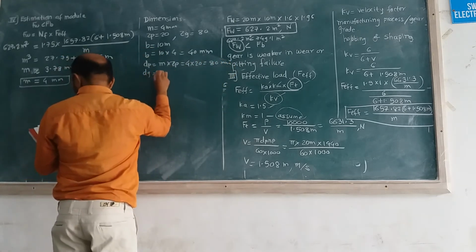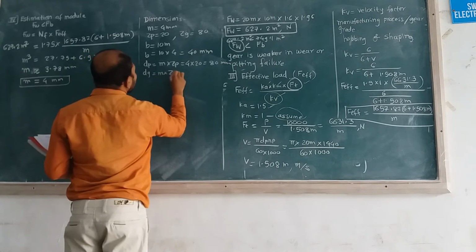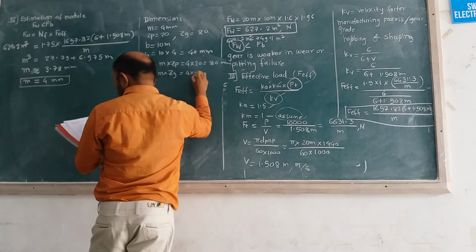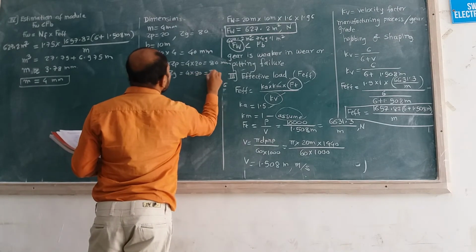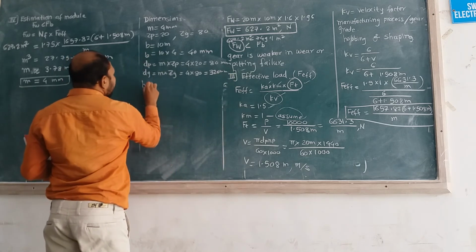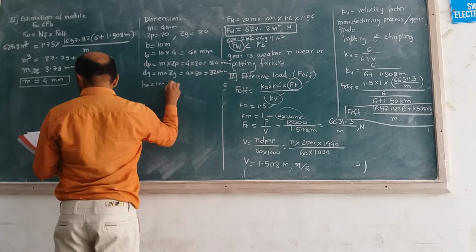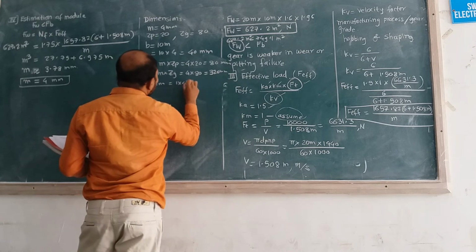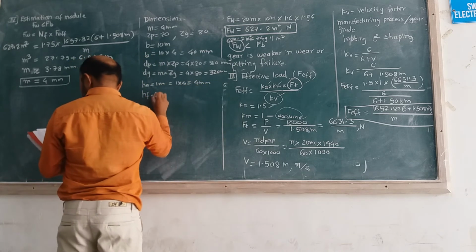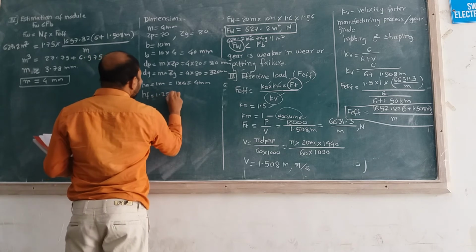dG is equal to m into ZG, so 4 into ZG, which is 80. So the answer is 320 mm. For addendum, the symbol HA is used, 1 times module. So 1 into 4, that is 4 mm. For dedendum, the symbol HF is used, 1.25 times module.